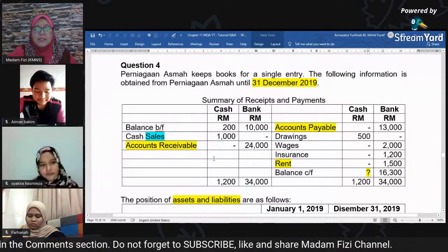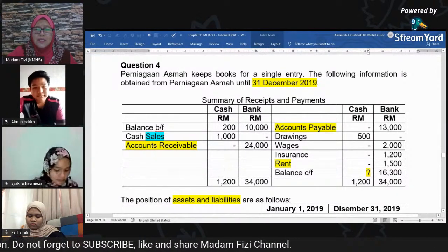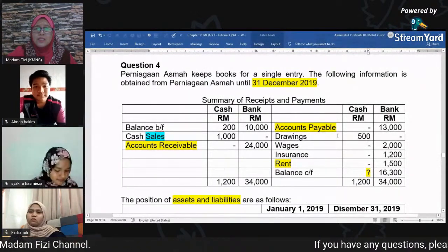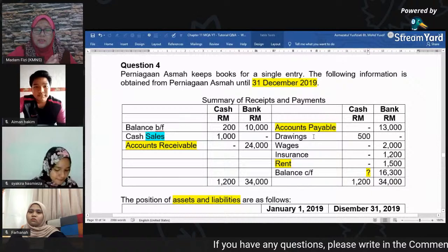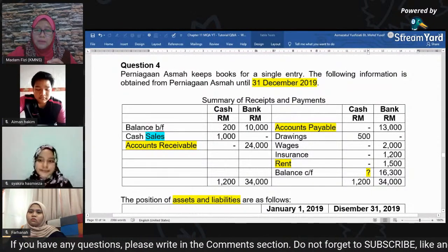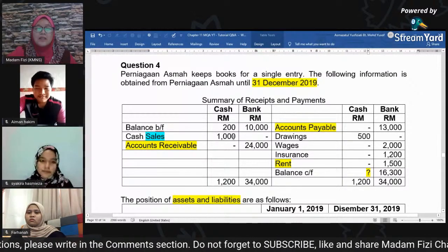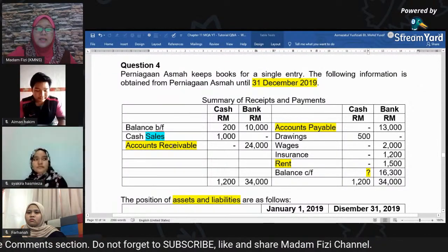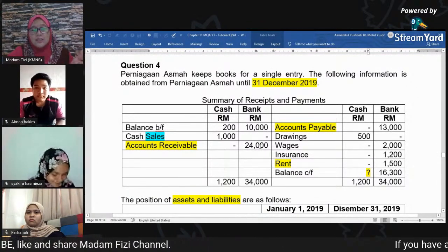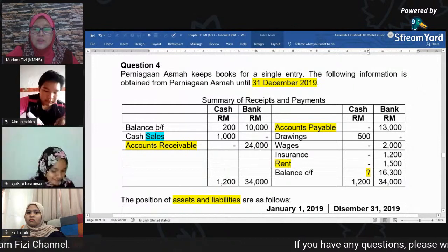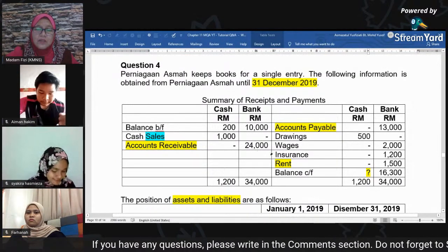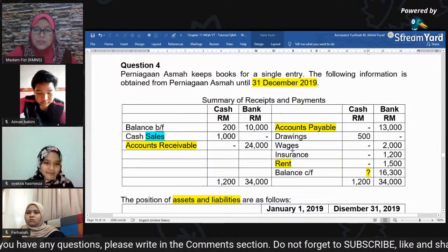Then here I highlight the accounts payable, because this one is the cash payment. And then I also highlight the accounts receivable 24,000. That is the cash received. So this item you have to include in the accounts of accounts receivable and accounts payable.